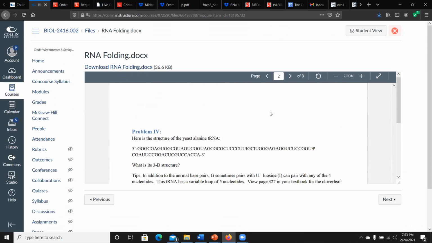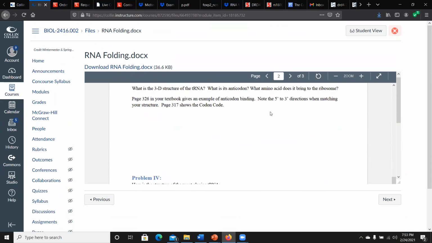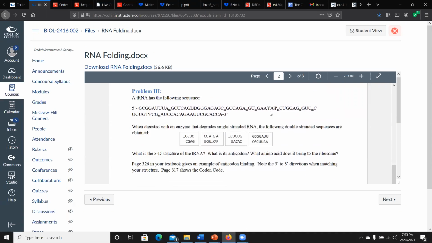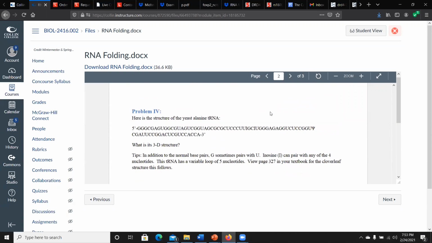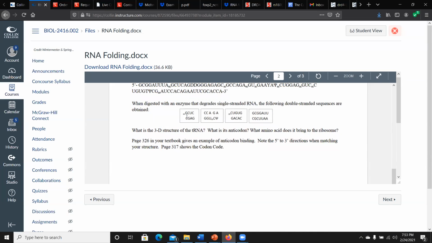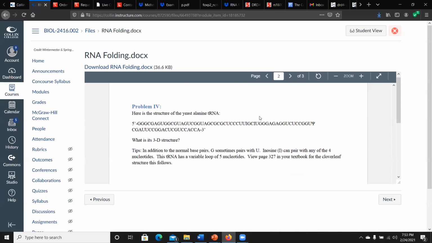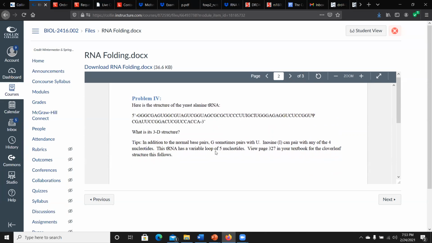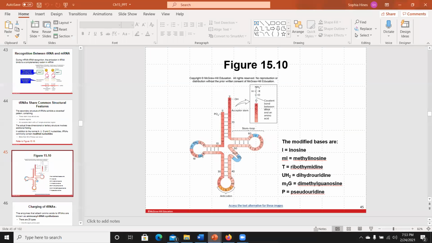Problems 3 and 4 have you make a big tRNA. Number 4 does not tell you, like how number 3 has these little boxes to tell you which ones are going to go together. Number 4 doesn't have that, but it follows the picture here exactly.